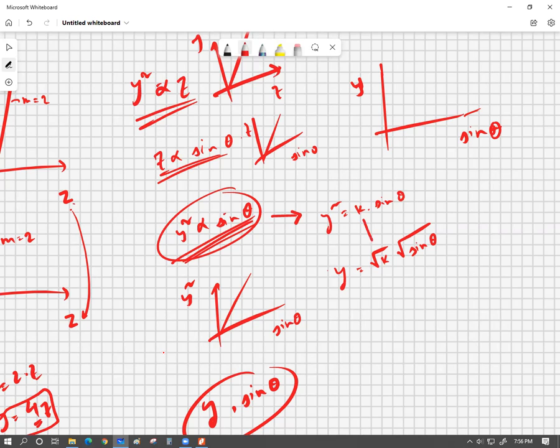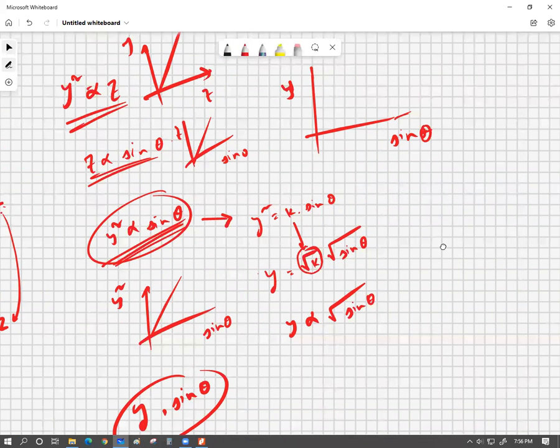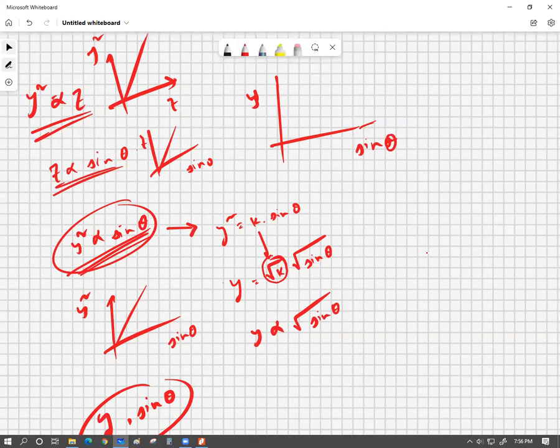If k is a constant, root over k will also be a constant. This basically tells us that y is proportional to root over sine theta, because k is a constant, and a constant multiplied by anything is still a constant.